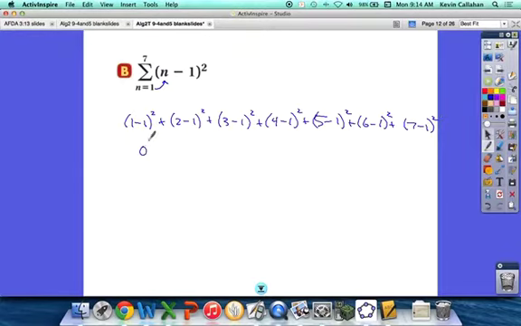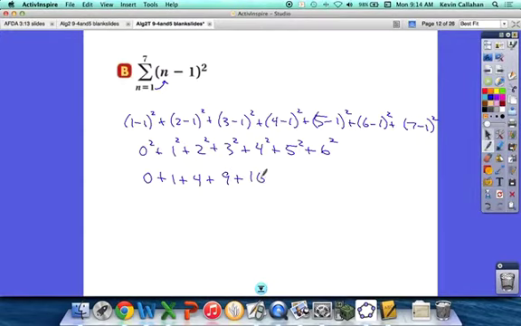This is 0 squared plus 1 squared plus 2 squared, which is 0 plus 1 plus 4 plus 9 plus 16 plus 25 plus 36. And that you can just put in the calculator and see what you get.